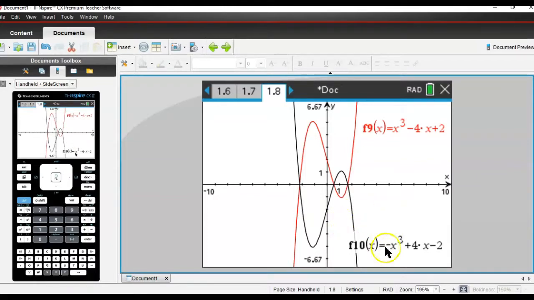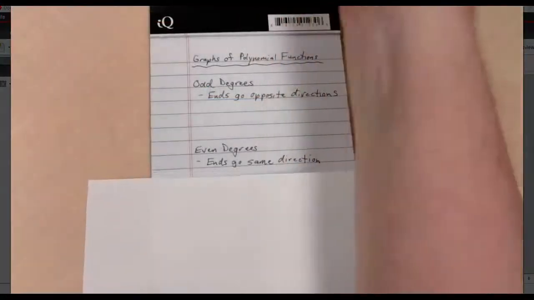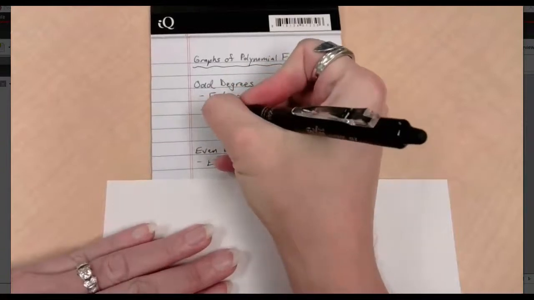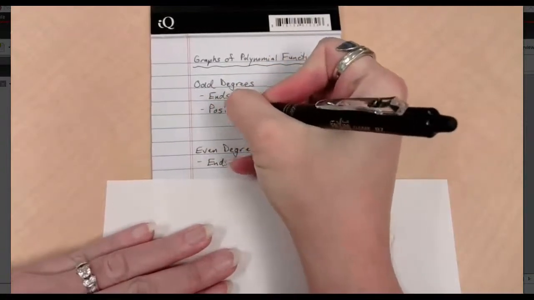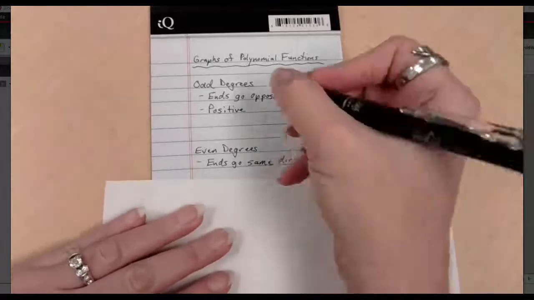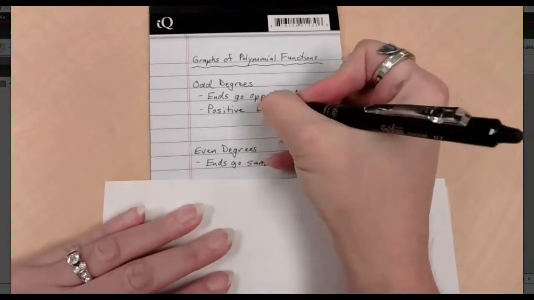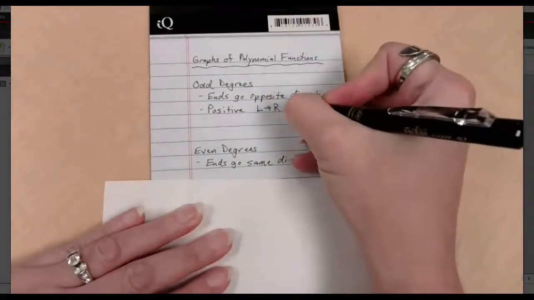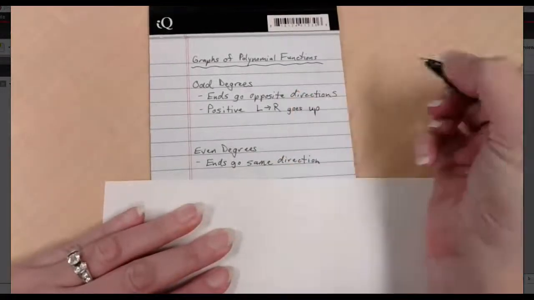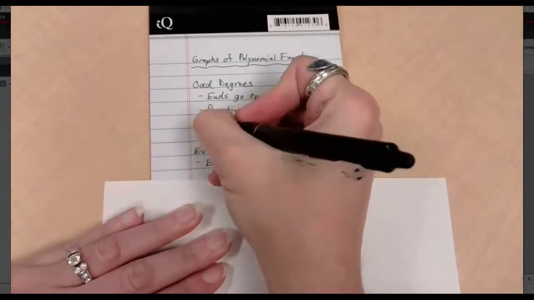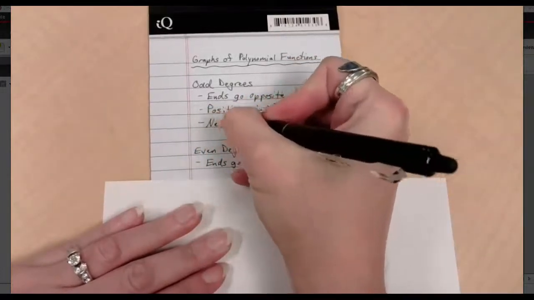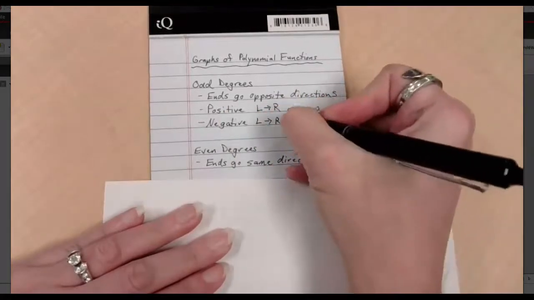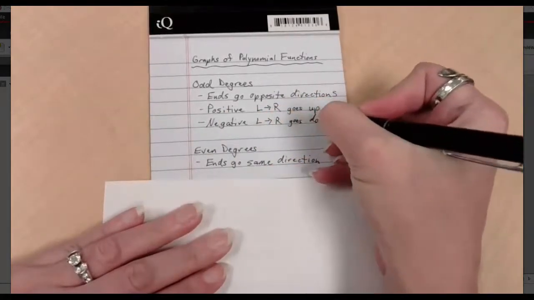All right, so all of this should be relatively logical. Let's go back to our recording of our notes here for a moment. So, positive, what happens for odd as we go from left to right, the graph goes up. And if it is a negative leading coefficient, as we read from left to right, the graph goes down.